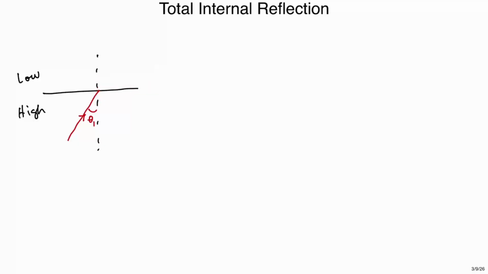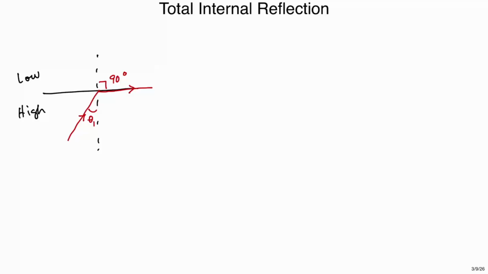In other words, if the refracted angle becomes 90 degrees, technically the light has not left the material. It's traveling in the surface of the material, but it has not exited out of the material.